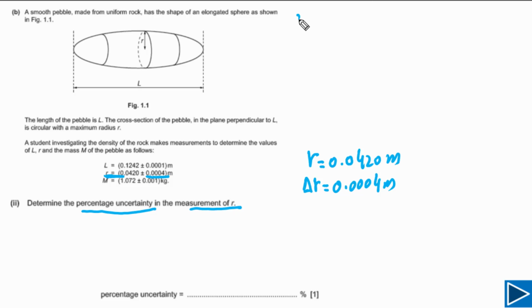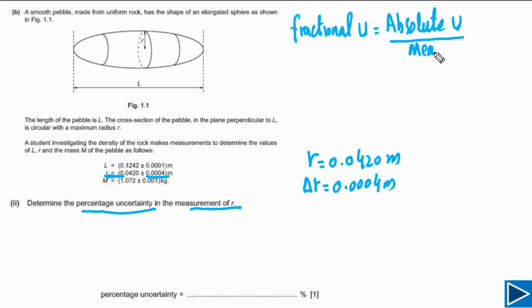So first of all, let's try to understand fractional uncertainty. Fractional uncertainty, U for uncertainty, is equal to the absolute uncertainty divided by the measurement itself, or the best value of the measurement if you have more than one reading. Now, if we have fractional uncertainty, we can also convert it into percentage uncertainty.